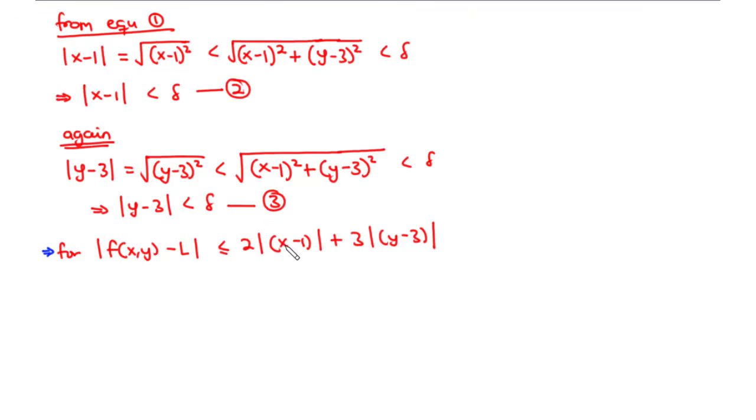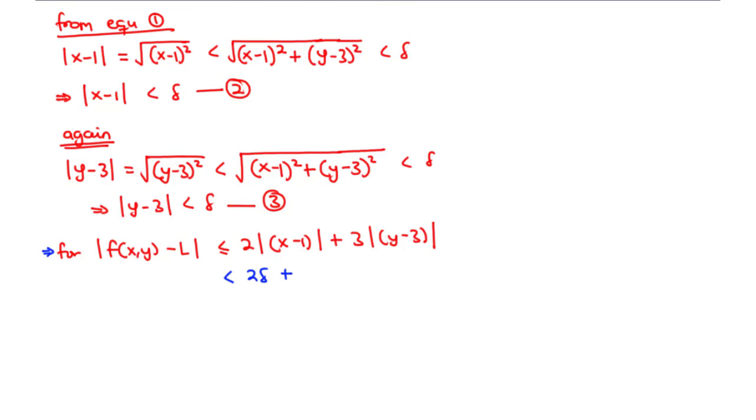Therefore, 2 times the absolute value of x - 1 is less than 2 delta. And then plus, from equation 3, we have the absolute value of y - 3 is less than delta. Here we have the absolute value of 3 times y - 3. So if you multiply this by 3, then this is less than multiplying delta by 3.